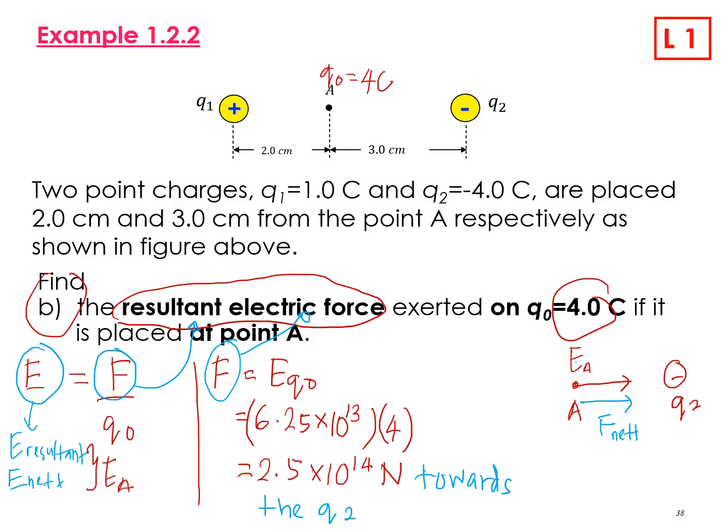This direction of EA is from part A, where you sum EA1 plus EA2. Therefore, the direction of F net at point A due to the 4 Coulomb charge is also towards Q2.